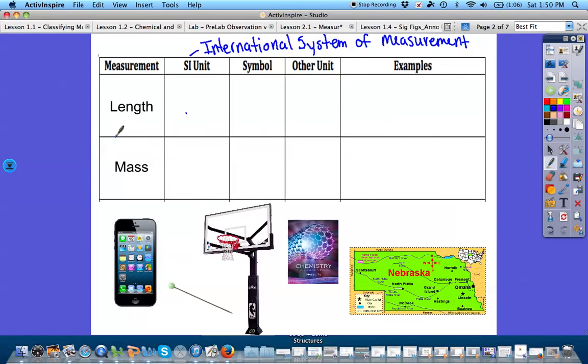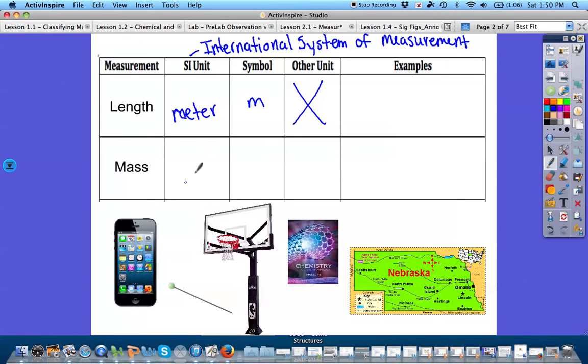The SI unit for length is a meter. The symbol for that is a lowercase m. We don't really have any other units that we use for length that are not based off of the meter. We have millimeter, kilometer, centimeter, but all of those are based off the meter.